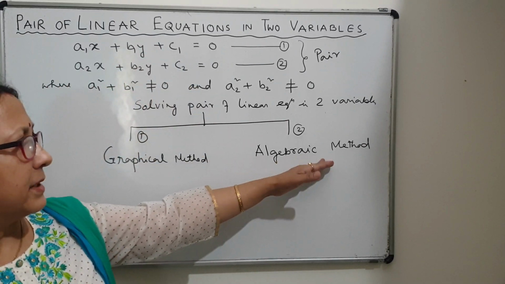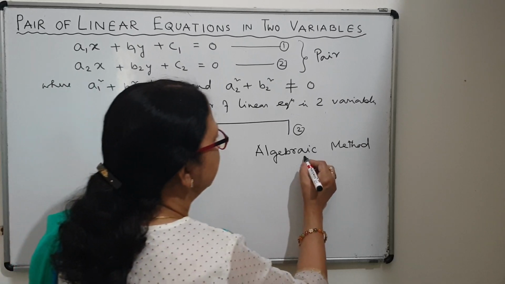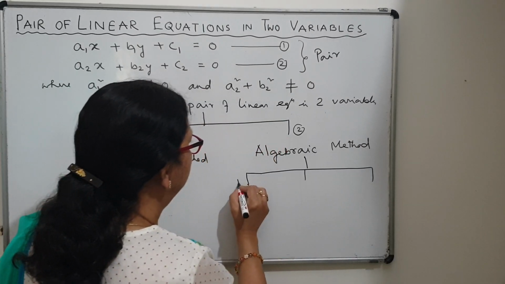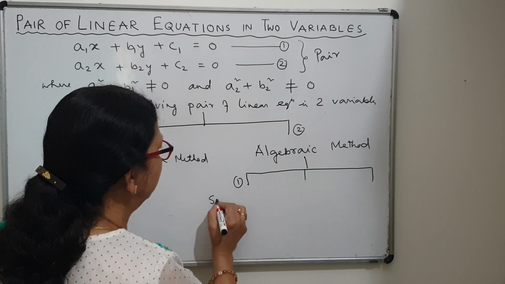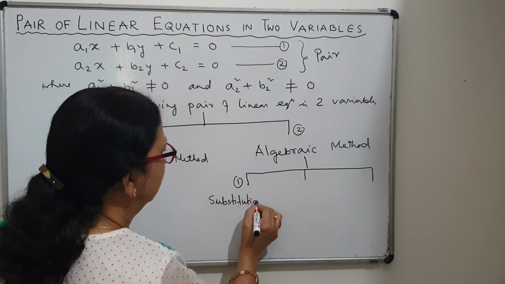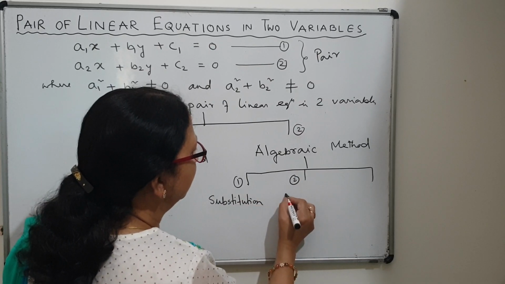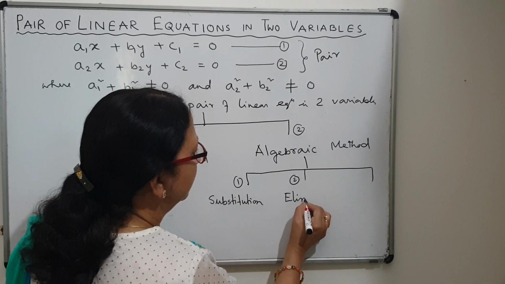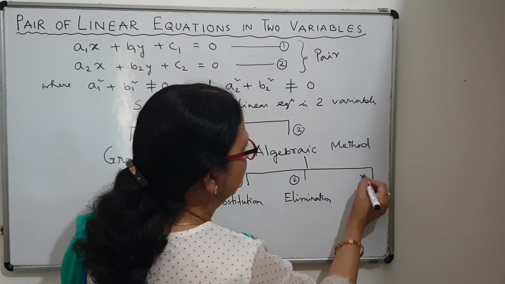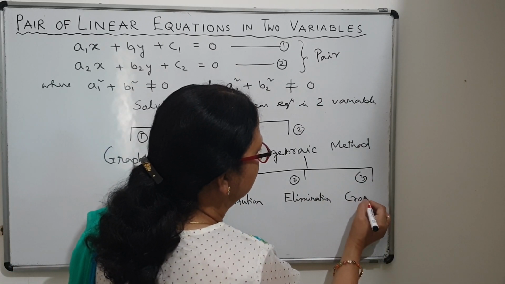And in the algebraic methods, there are again three methods. First one is the method of substitution. Second method is the method of elimination. And the third one is the method of cross multiplication.